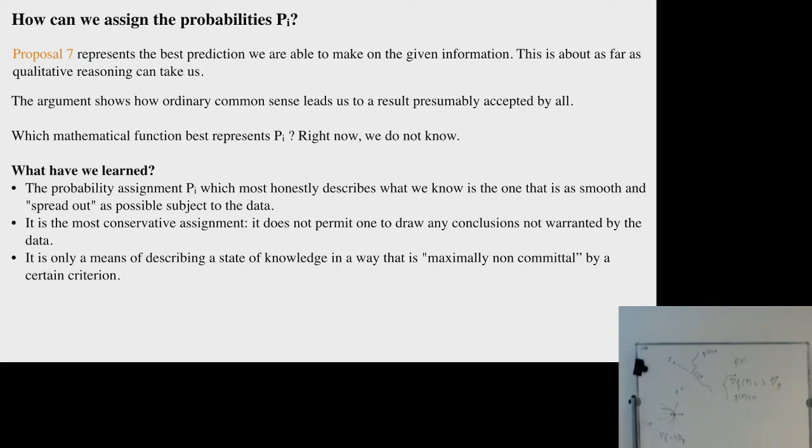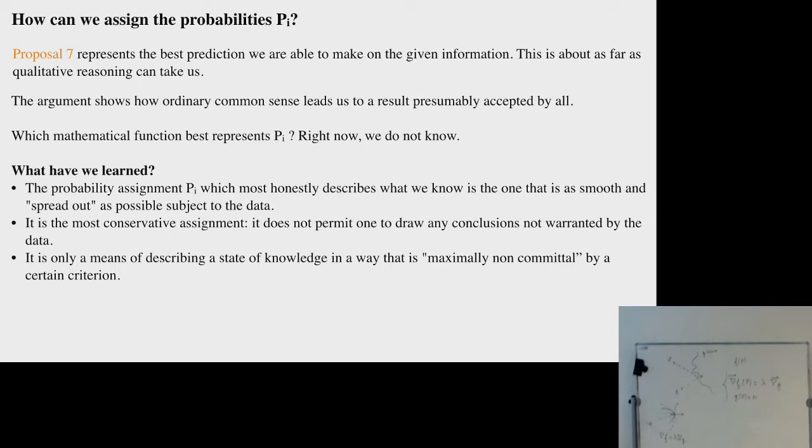Our ignorance is quantified by the entropy of the system. So we can actually solve this completely by simply saying that we want to maximize our ignorance. We want to be maximally non-committal. But we want to use the constraint we know, and the constraint we know is that the mean is 4.5.